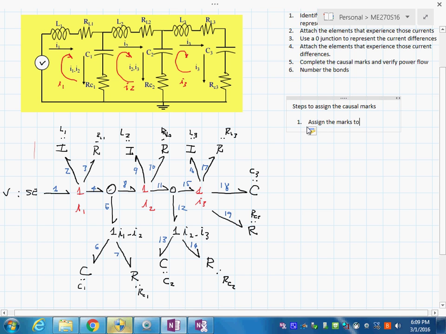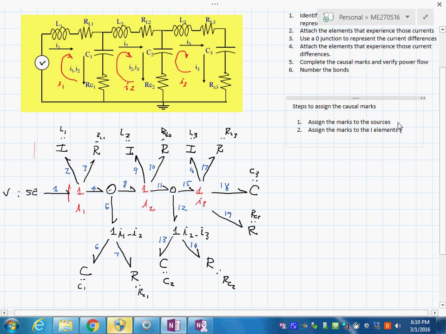So we need to go to the next step, and the next step is you assign the marks to the I elements in integral form. Okay, and I would say propagate the assignments as much as possible, following the junctions.